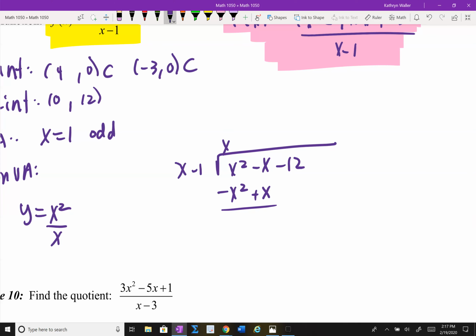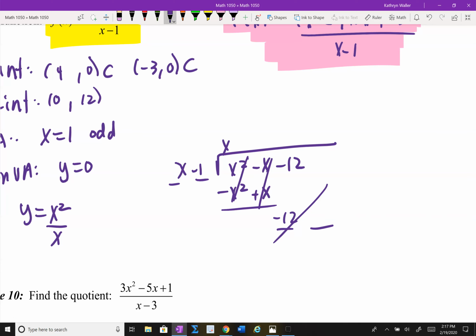Change your signs. Cancel, cancel, negative 12. Nothing more to bring down. If this guy has 2, this guy has to have 2. But there's nothing else to bring down. So I'm done. The negative 12 is the remainder. Throw it out. Non-vertical, y equals 0.